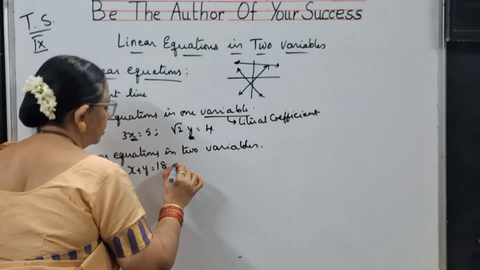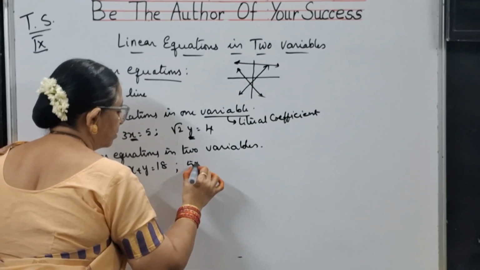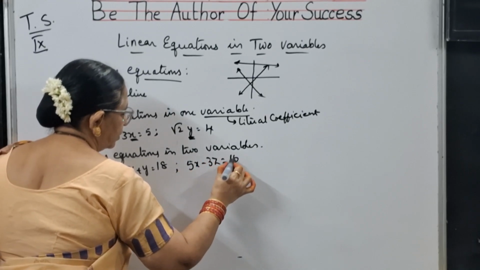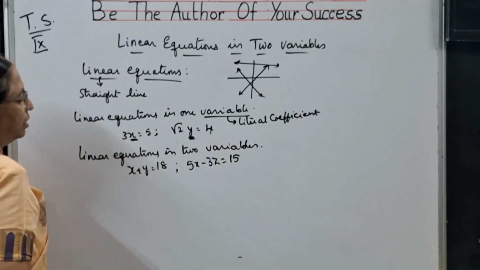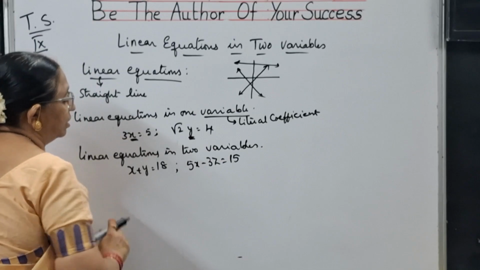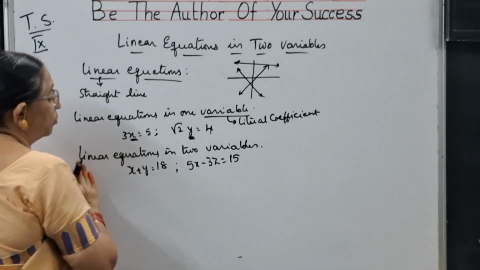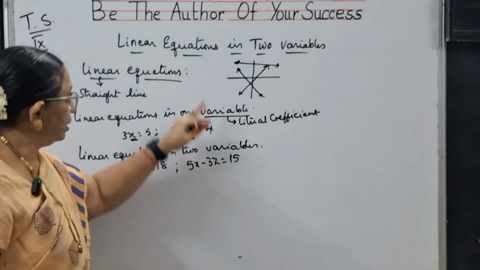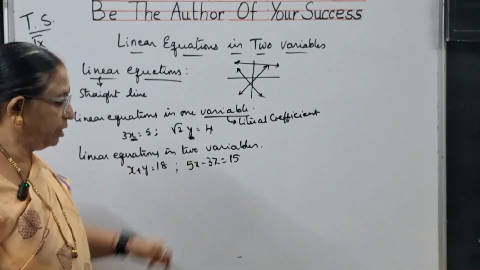Or else you can take 5x - 3z = 15. These are all called linear equations in two variables.